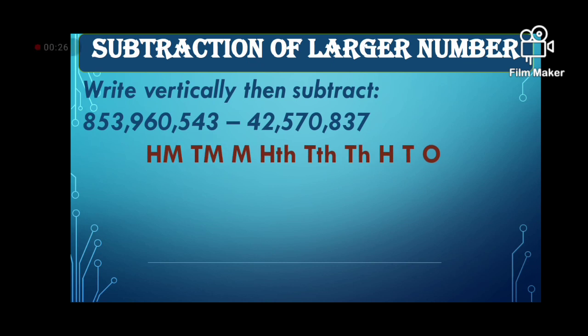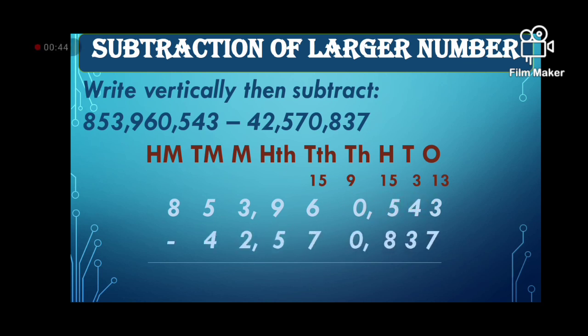First we will write the place value, then we will write the first number vertically. 853 million 960,543 minus 42,570,837. Now we will subtract this number.